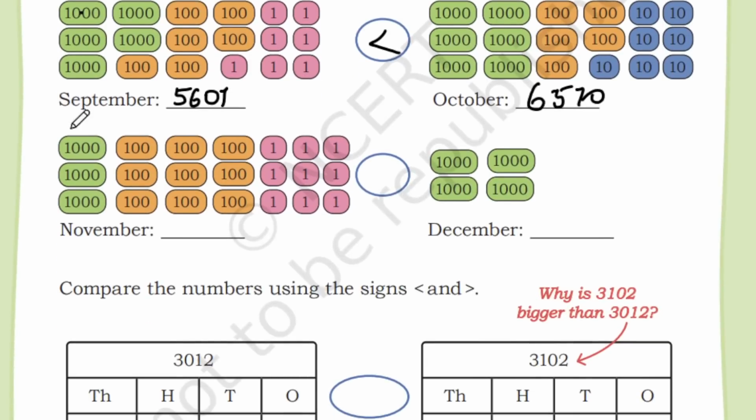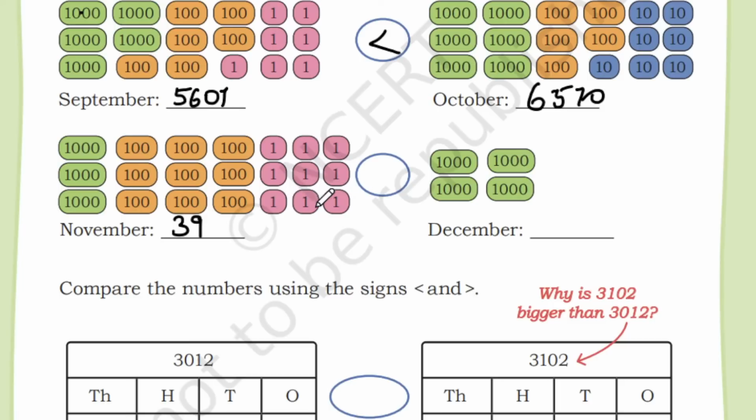And the November month would be smaller because we only have 3000 here, but here we have 4000. But let's add and see. This is 3000. How many hundreds? 1, 2, 3, 4, 5, 6, 7, 8, 9. So 3900. And how many ones? 1, 2, 3, 4, 5, 6, 7, 8, 9.